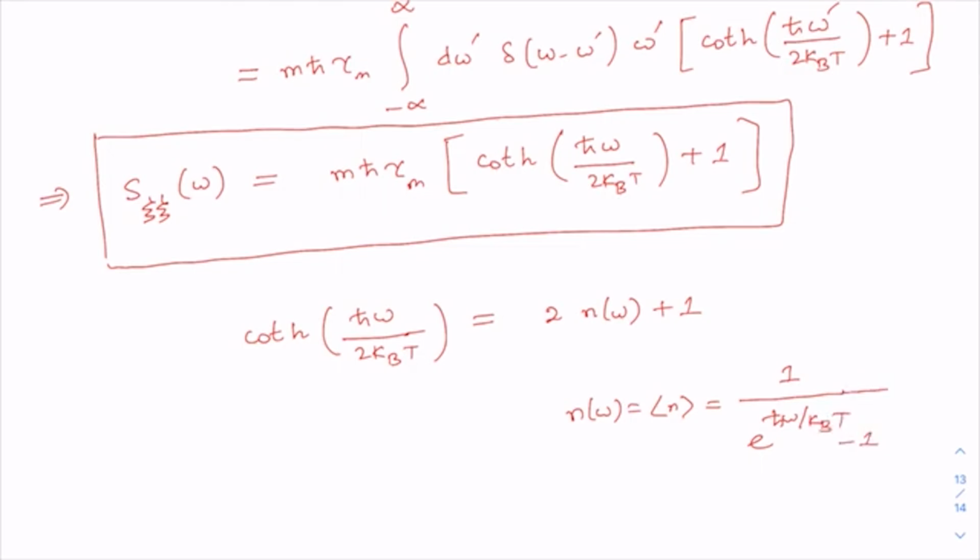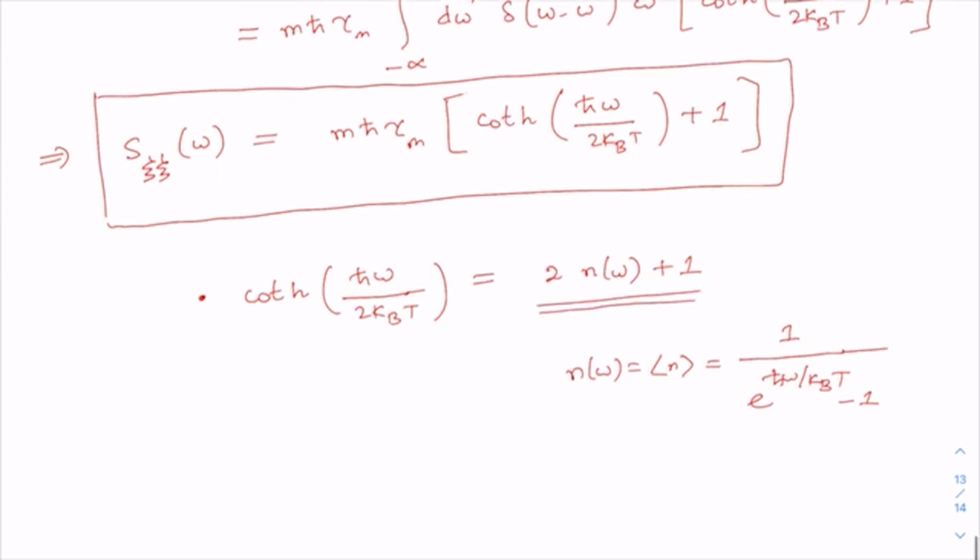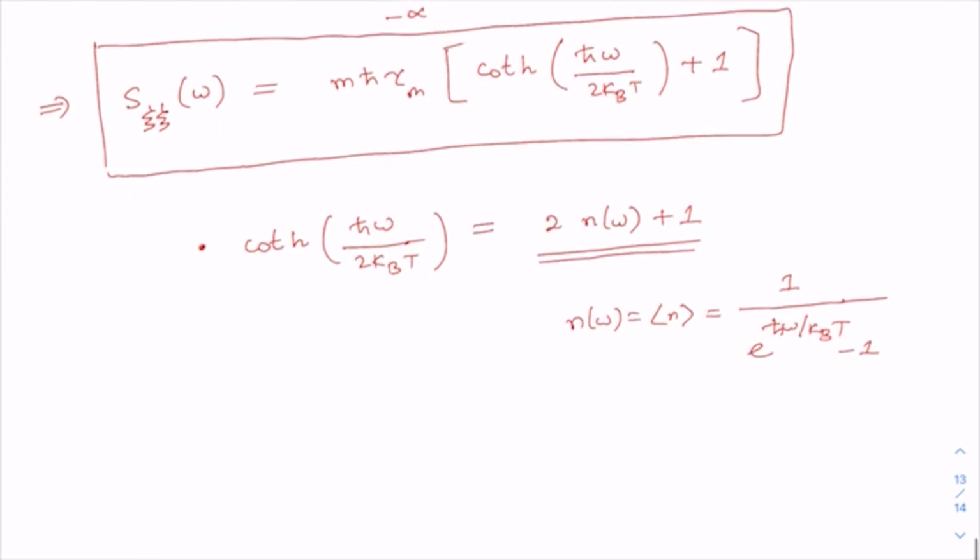Using this, we have the spectral noise density in terms of the phonon number as twice m h cross gamma m omega.